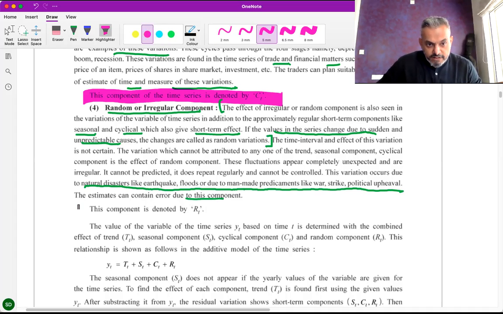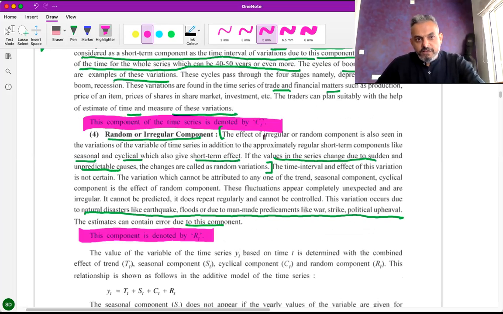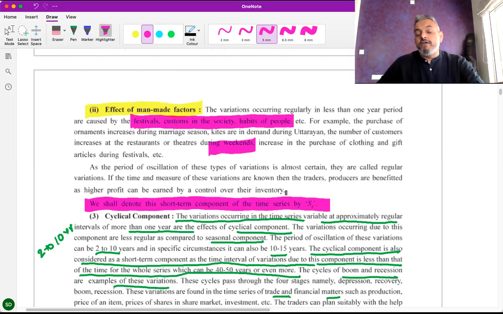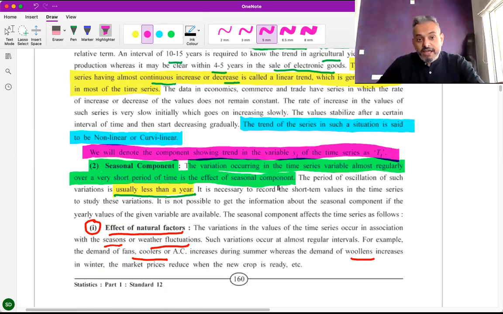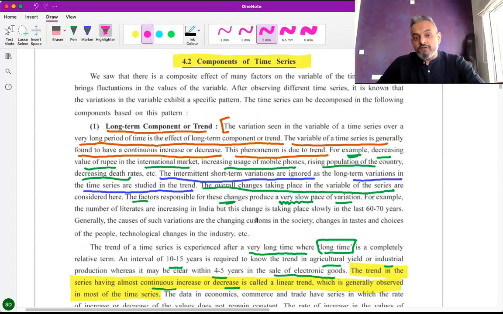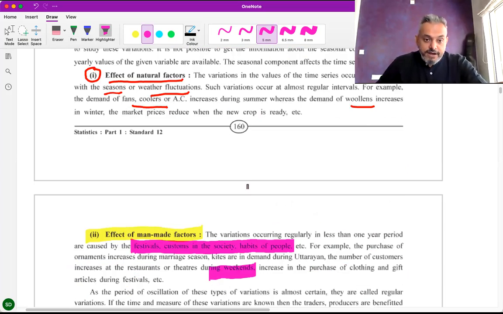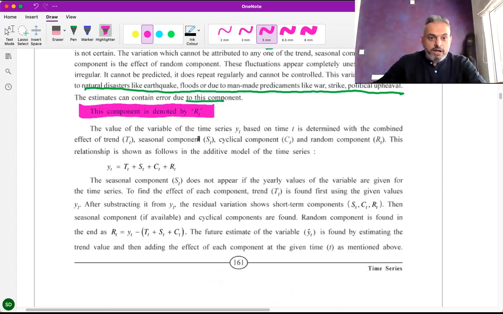Now, please mark this. This component is denoted by R. So R is for random, C is for cyclical, S is for seasonal, and T, this longer one, is long-term fluctuation, long-term component, or long-term trend. Now, this formula is very, very important.